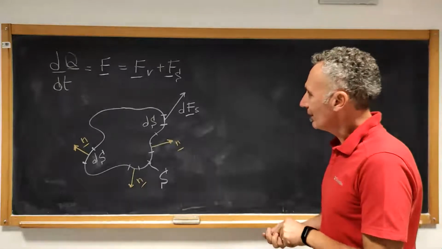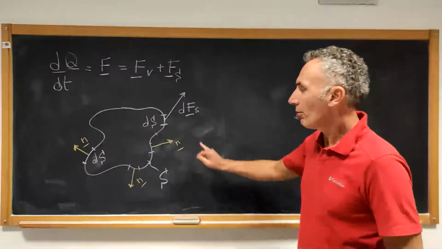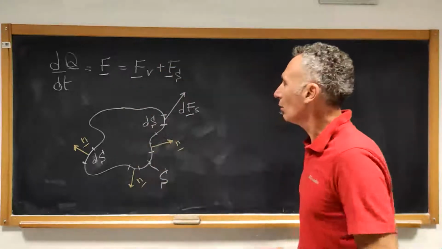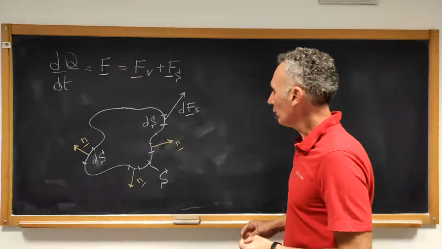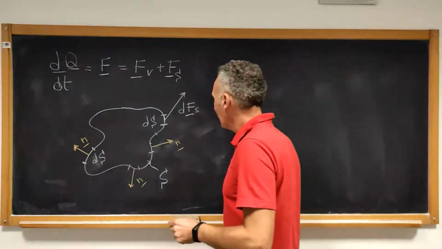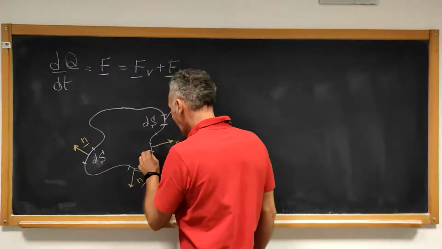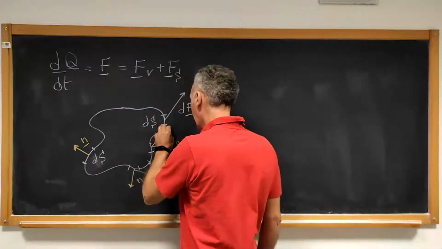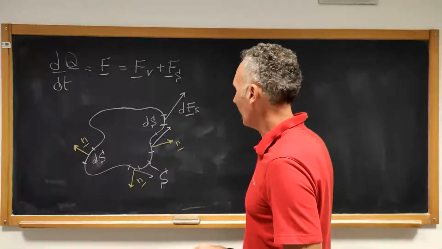Now the outward normal points, whatever it happens to be, and the infinitesimal force would be also distributed with some form in space, which we don't know in advance.